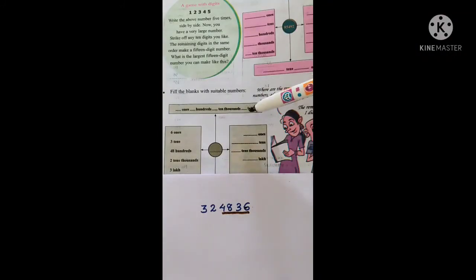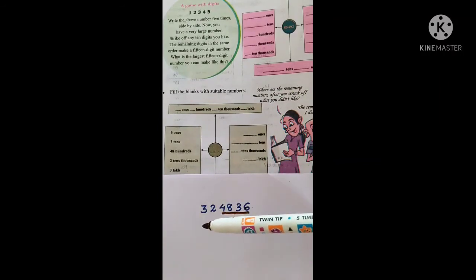Now can you fill this box? Yes, here we can see lakh, 10,000, 100, ones. So based on this we can split this number. Then can you tell how many lakh? Yes, 3 lakh. How many 10,000s? Yes, 2 ten-thousands. Then how many hundreds? Yes, 48 hundreds.